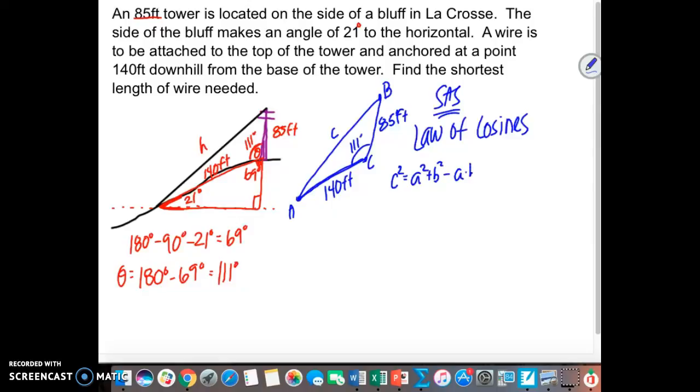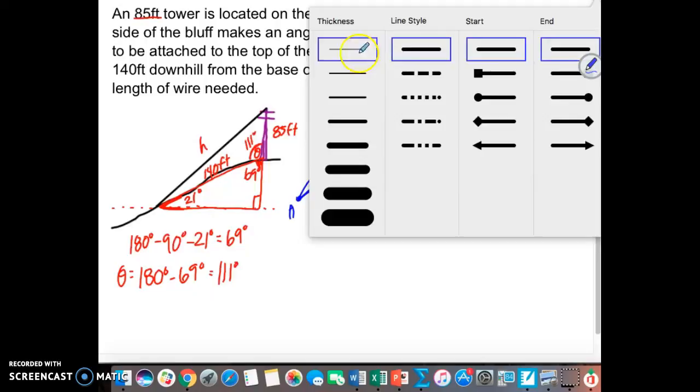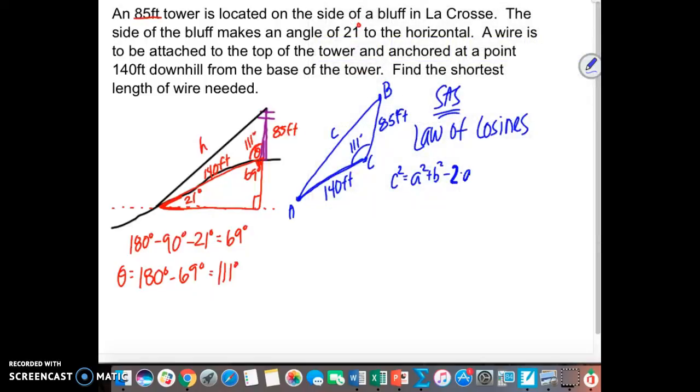minus 2 times A times B times the cosine of the measure of angle C. So just filling in the information we know. C squared is equal to A squared. A is equal to 85, so we're going to have 85 squared.